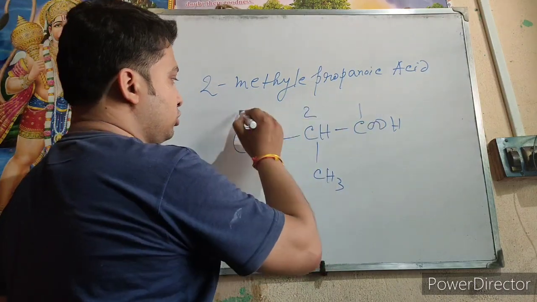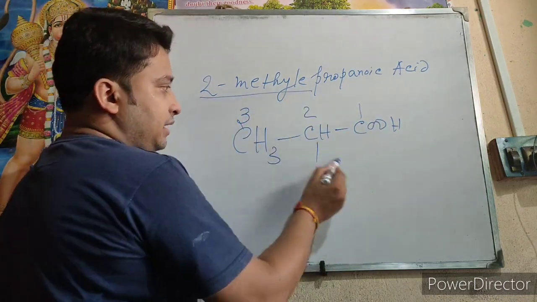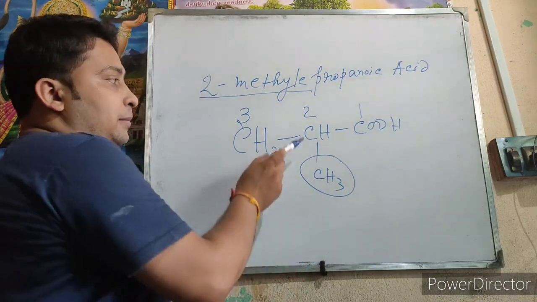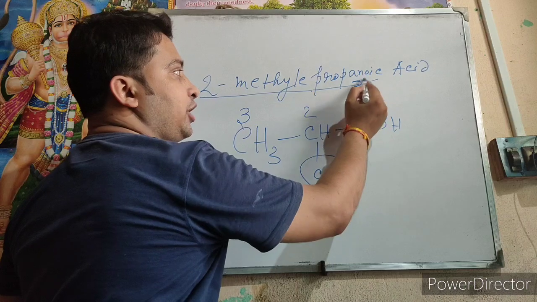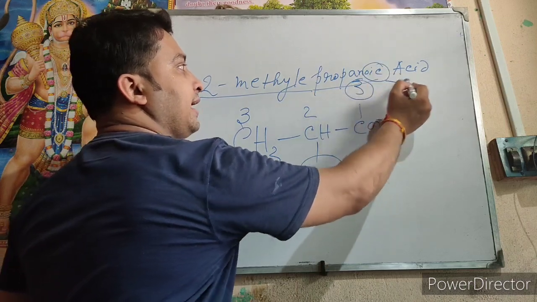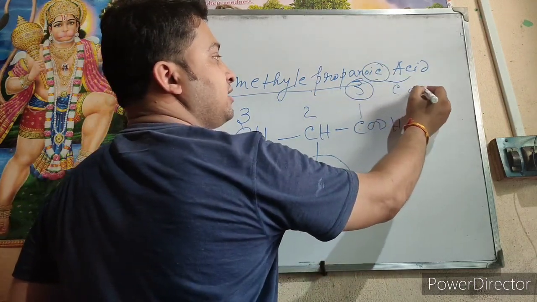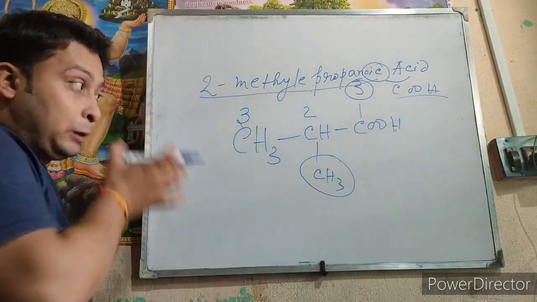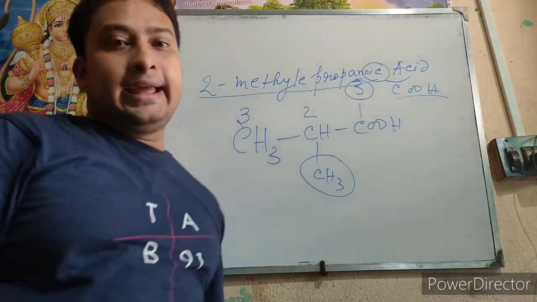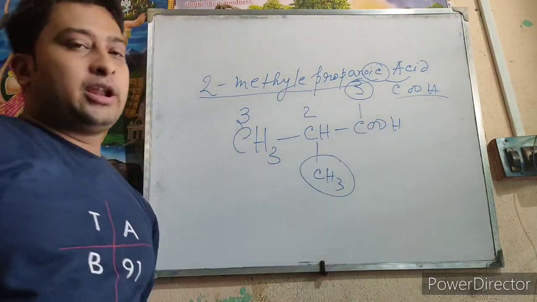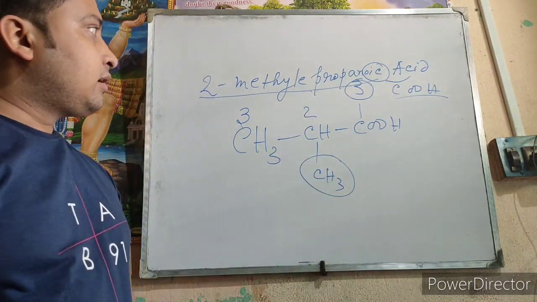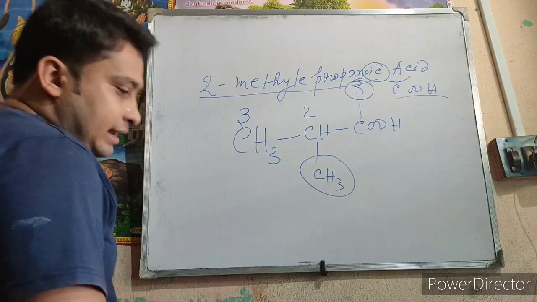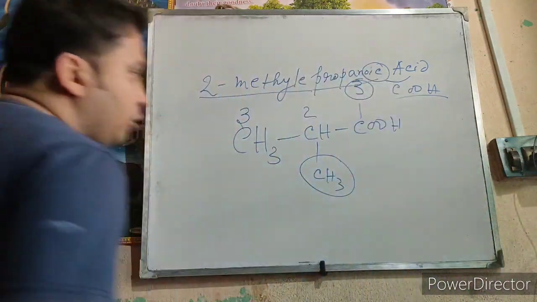As 1, 2, 3, 2-methyl means the methyl group is on the number 2 position, and propan means 1, 2, 3, the number of carbons. Propan means 3, and oic acid means the COOH is present in this compound. So this is called 2-methyl propanoic acid. Okay, you should write 2-methyl propanoic acid, or you can write isobutyric acid.